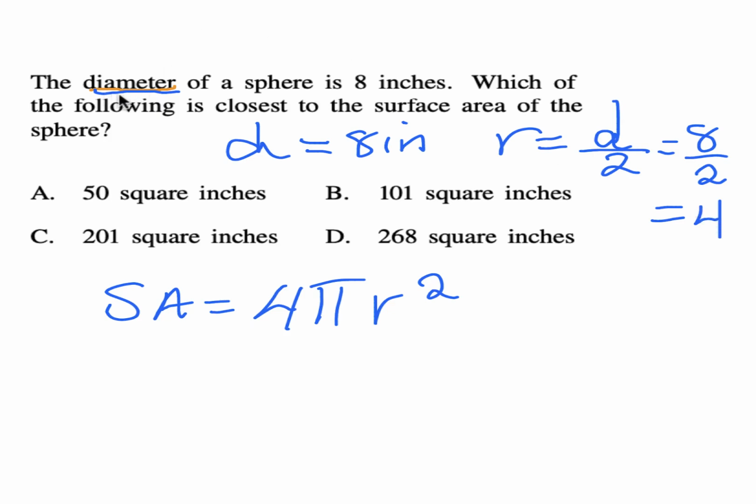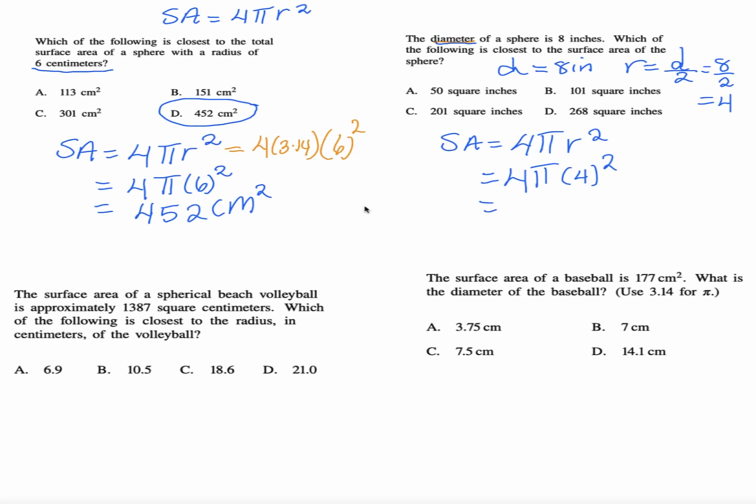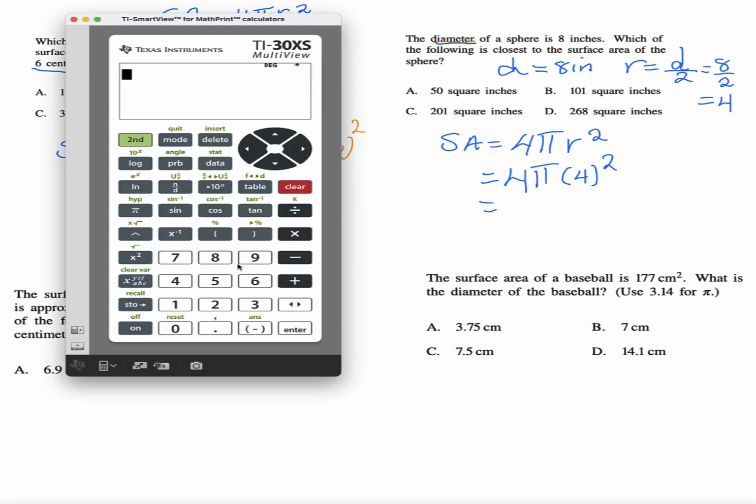So please read carefully when you have circles. Any base that is a circle, they may give you the diameter, and in order to get the radius, all you have to do is halve it. So we're going to have 4 pi and 4 squared. Again, I like to use pi, so let's put that in the calculator. 4 times pi times 4 squared, and enter.